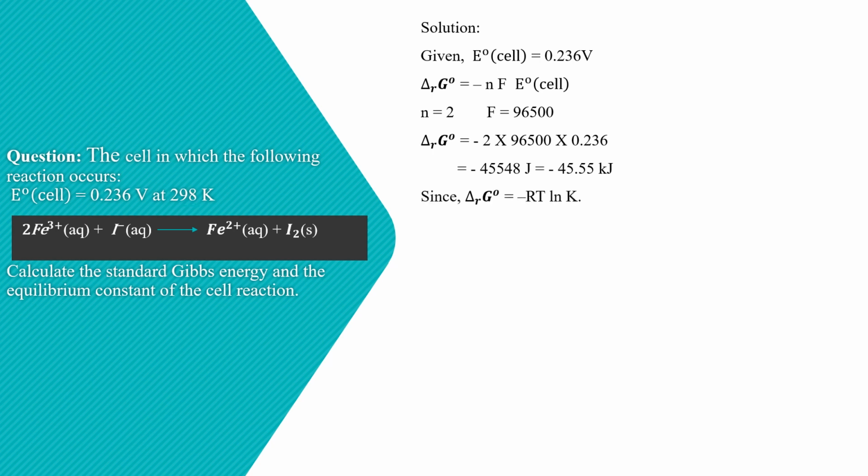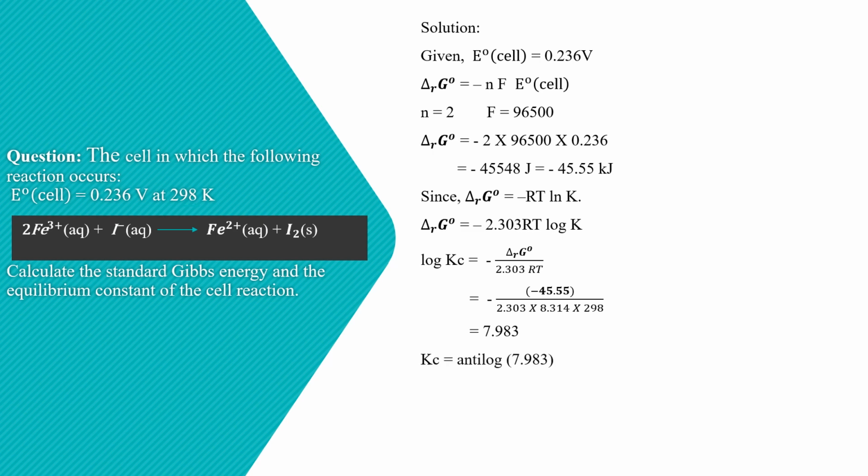Since delta G naught is equal to minus RT ln K, on putting all these values and converting natural log ln to log at base 10, we have to multiply the equation by 2.303. On doing this, we get the value of log Kc, that is 7.983.